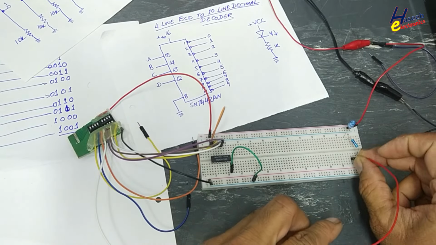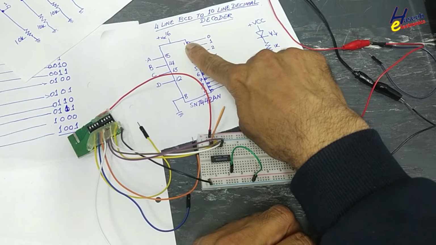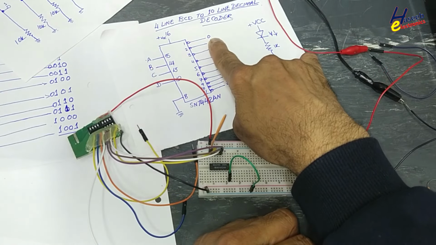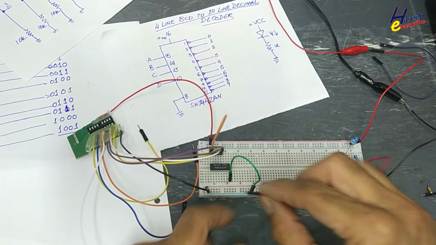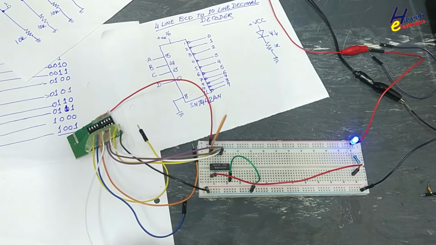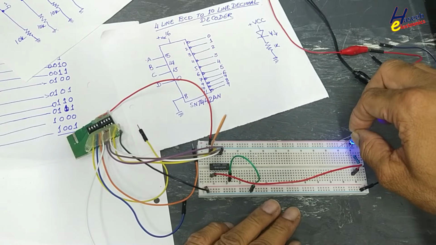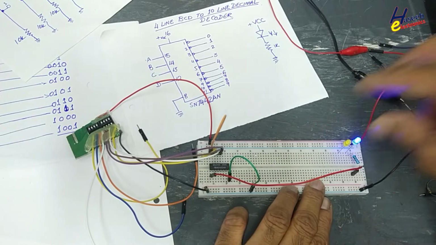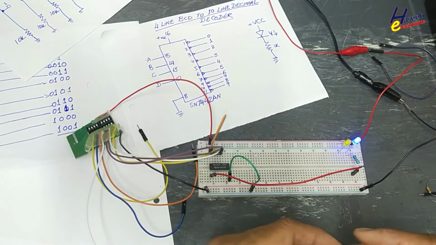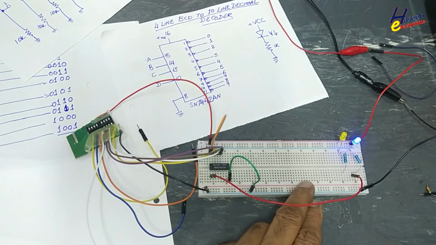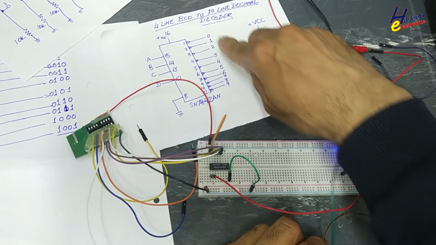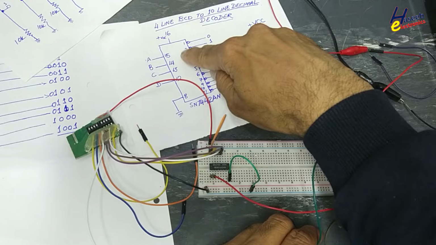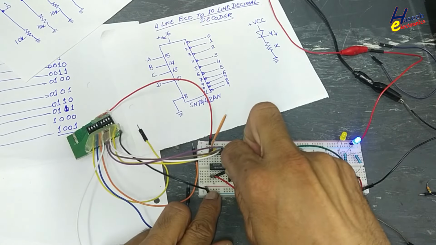The resistor's second side will be connected to the first output, that is output number 0, equal to decimal 0, pin number 1. Second output, the same way, 1K resistor second end to decimal 1 output, from pin number 2.